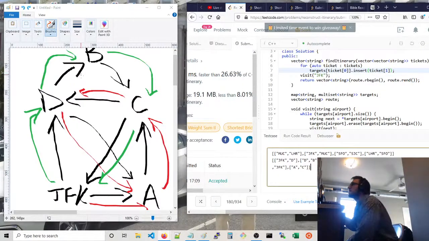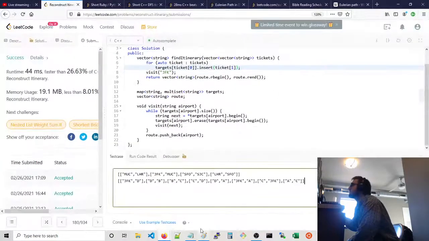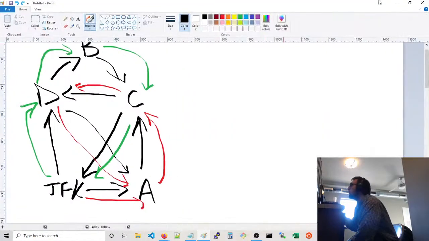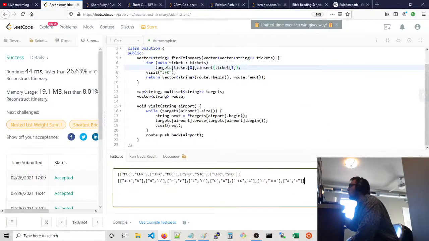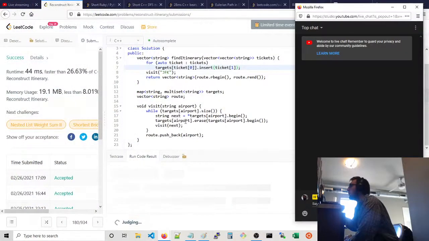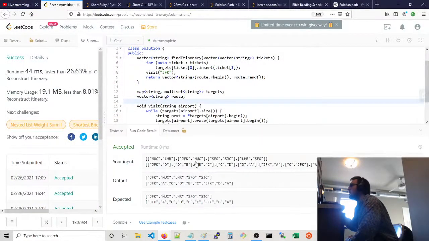All right, how many tickets we got? 1, 2, 3, 4, 5, 6, 7, 8. Eight tickets. Okay, let's see. Wow, it's so fast.